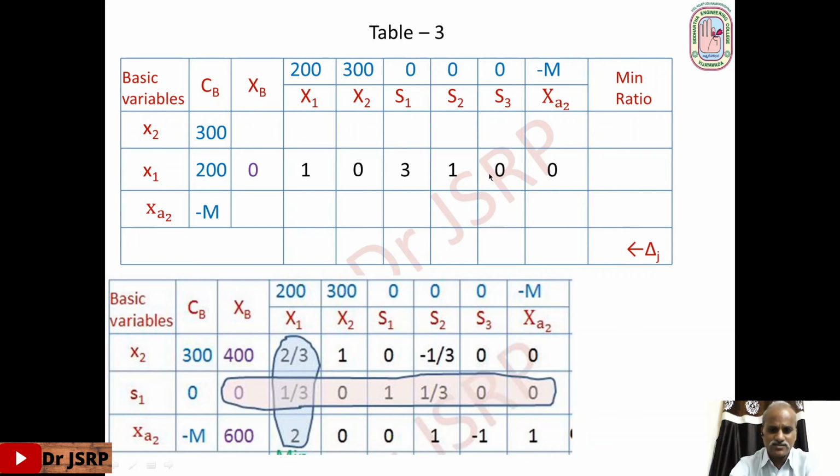So this is the second row. Next step, fill the basic variable columns with the unit matrix. In the X2 column, first place is 1, remaining 0, delta J value 0. In the X1 column, second place is 1, remaining 0, delta J value 0. In the XA2 column, third place is 1, remaining 0, delta J value 0.